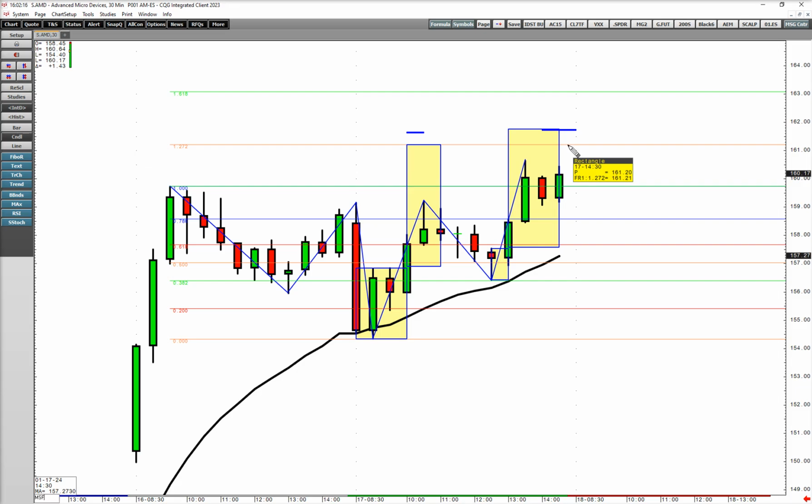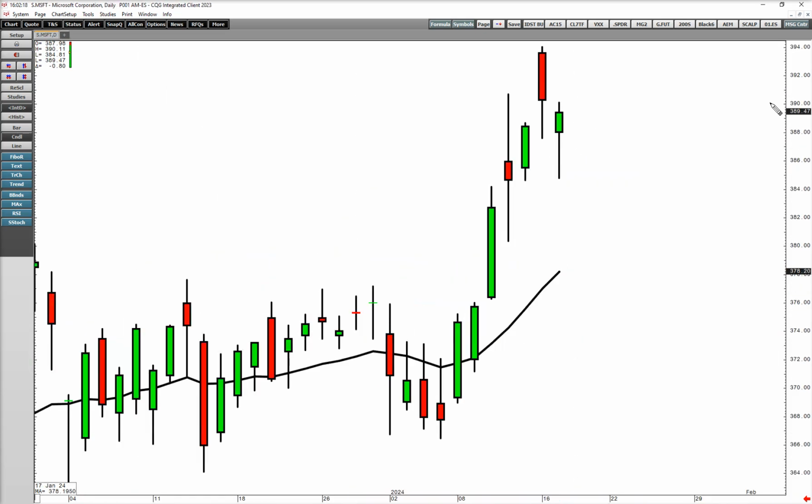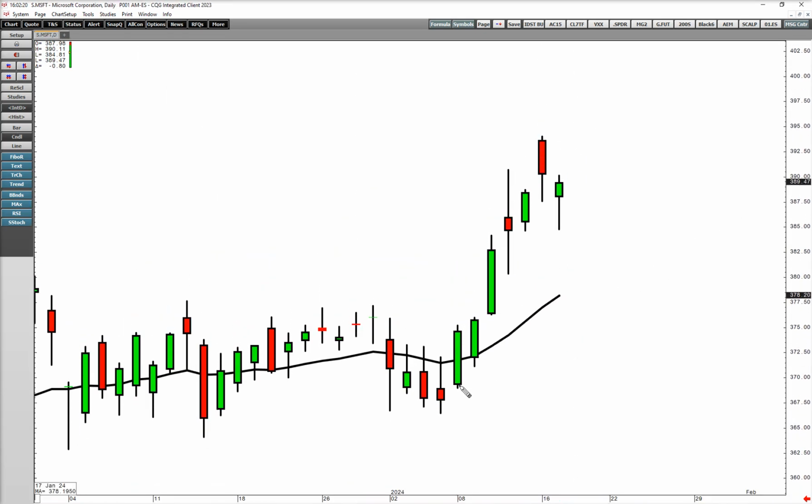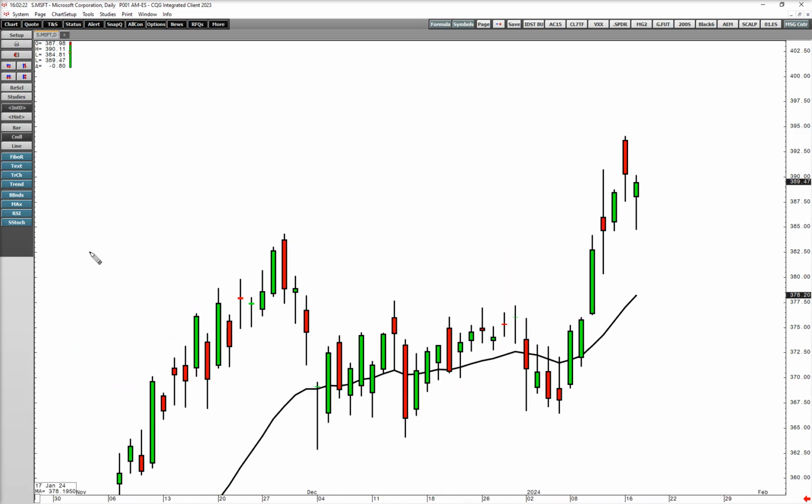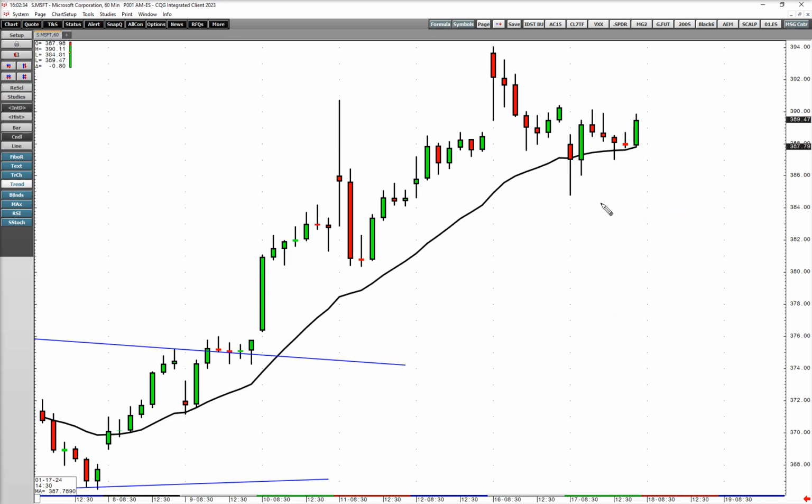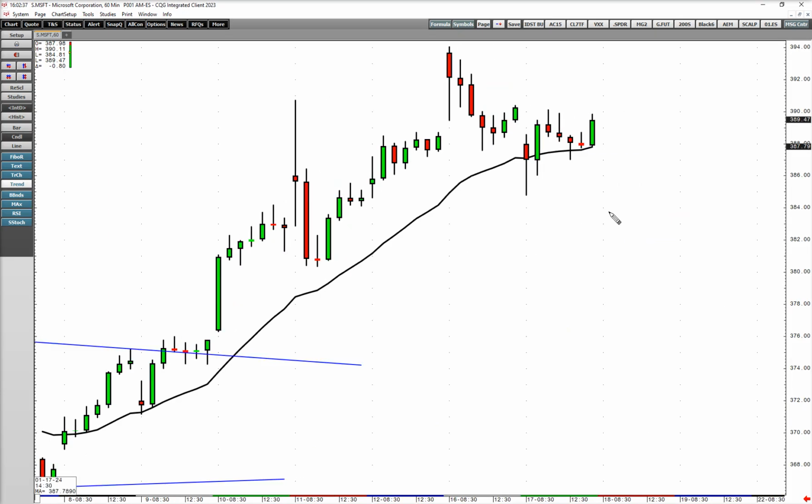And I'll just put one more up here. Microsoft. Microsoft recently broke out of this pennant type pattern that was going on here. It's gone up 1, 2, 3, 4 days. This is the first day of pullback. It's a pretty clean pullback on a 60-minute chart.